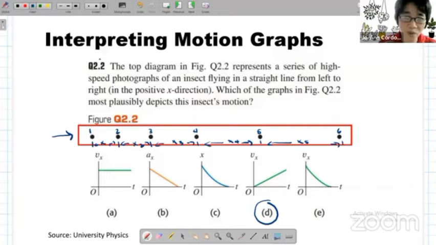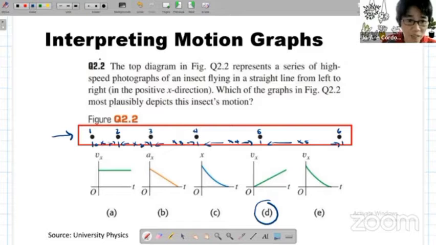Again, how do we know that the velocity of the insect is increasing? Bakit nga natin alam? Balikan natin yung pinakauna nating discussion. How do we know that the velocity of the insect is increasing? Kasi, okay, so as you will notice, yung space between dots ang nagiging indicator natin that the velocity is increasing.